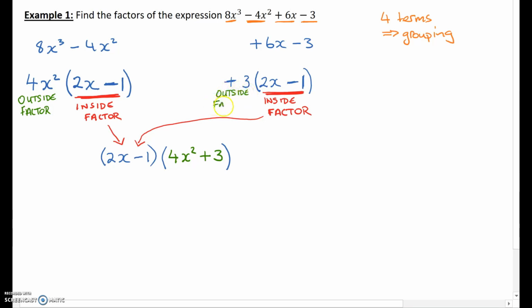Okay. And this is our answer. Okay, this is our answer. If you want to check, use FOIL to check.